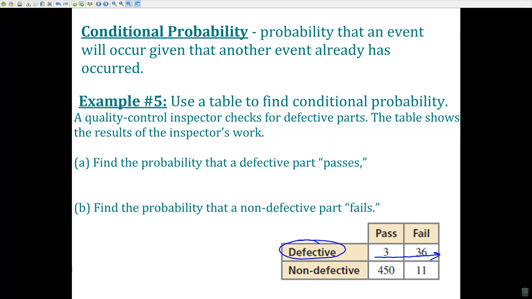Right up here. It's either it passed 3 times or it failed 36. Wow, that's a large portion of failing. But the total amount of defective parts when they checked them, right? They checked a total of 39 defective parts. 3 of them passed, 36 failed.